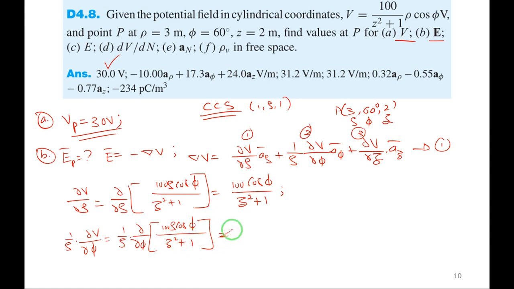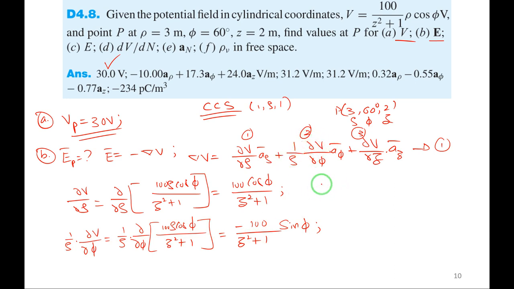With respect to phi, 100 rho by z square plus 1 is taken out, and this rho and this rho will get cancelled. So 100 by z square plus 1. The differentiation of cos phi is minus sin phi, so minus is taken here, and we get sin phi. So the second term is calculated.